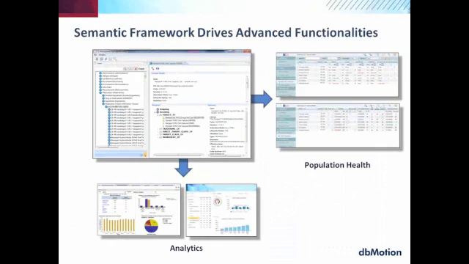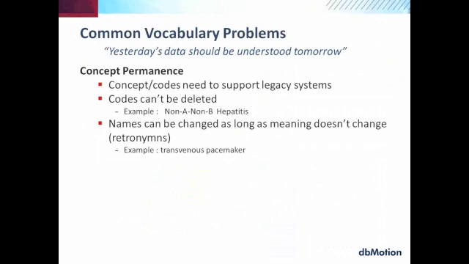And then having that show up on an analytic dashboard. How many of my patients in my organizations that have congestive heart failure are on an ACE inhibitor, and if ramipril was one of them, we would know that automatically, not again by mapping one-to-one. And then the other concept here is, yesterday's data should be understood tomorrow, and I'll have Wendy talk about that a little bit more.